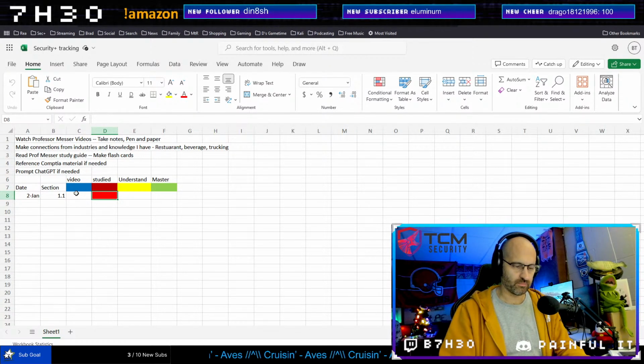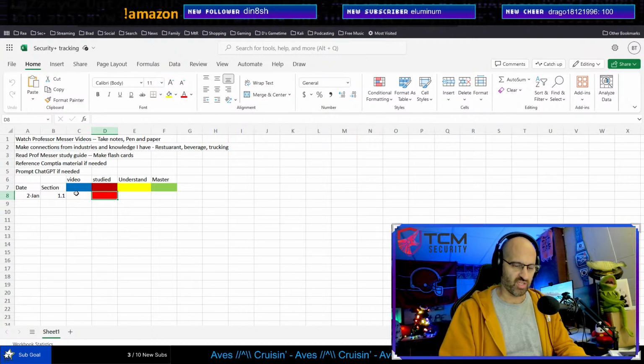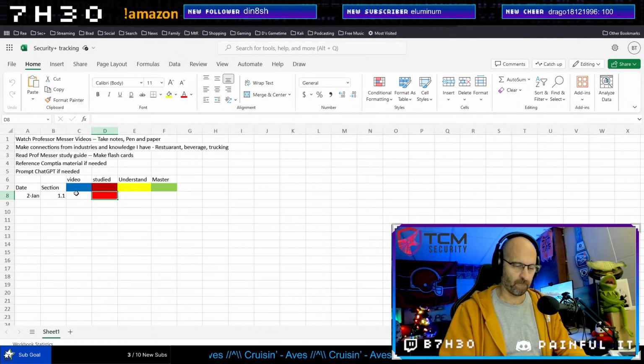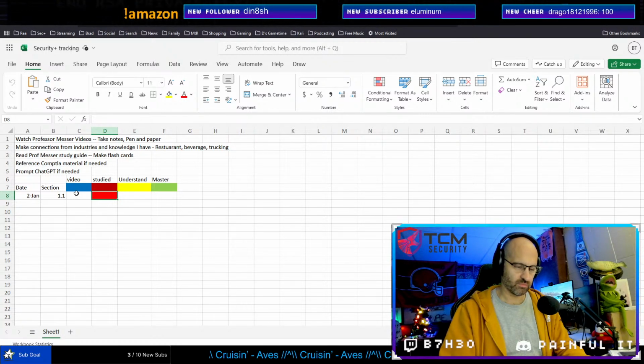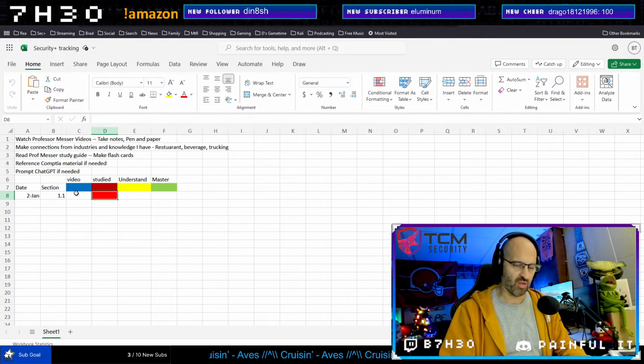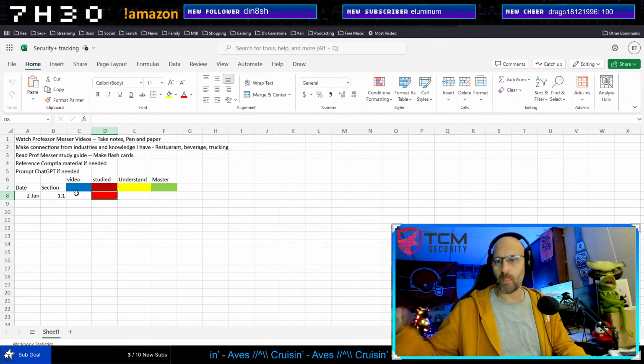Technical: store sensitive files in a protected folder. Managerial: create compliance policies and procedures.